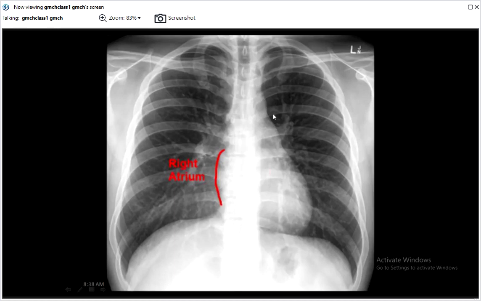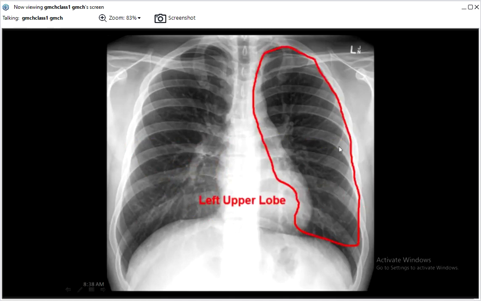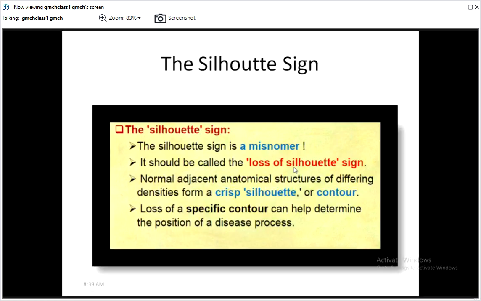In a normal X-ray, the edges of the heart should be clearly visible. You should be able to delineate them. This is formed by the right atrium, and this area is represented by the right middle lobe. This is the left atrium and left ventricle, and this area is represented by the left lower lobe.